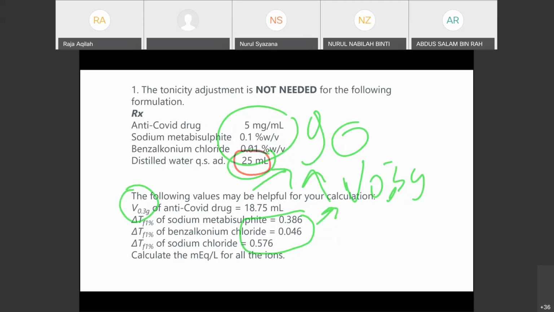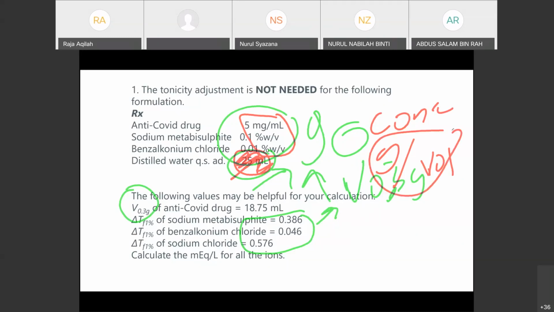In this case, because all the units given here are in concentrations, which is an amount of drug in a certain volume, this value actually is not needed for you to calculate. If you know this trick, you don't have to get confused by 25.